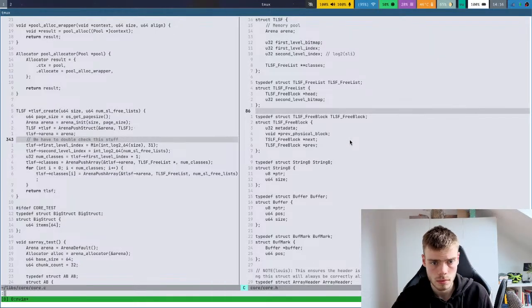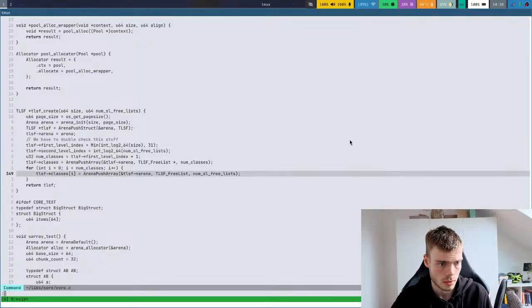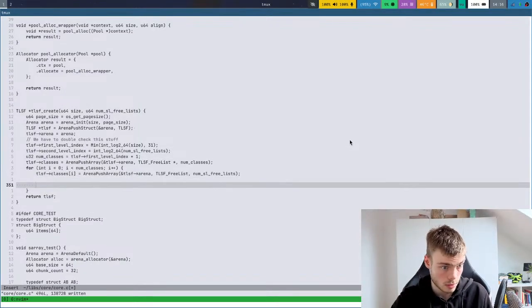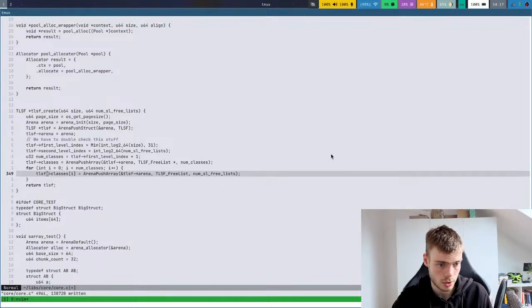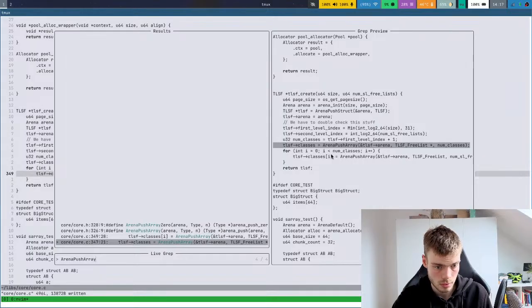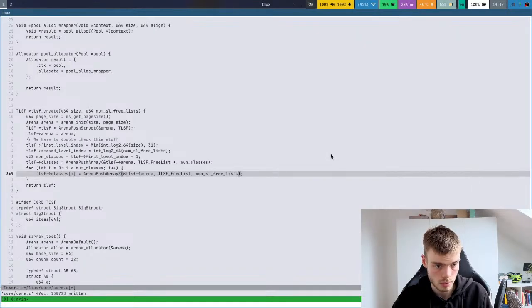We also have to initialize these things, right? So TLSF, they're just push array 0, and we don't.